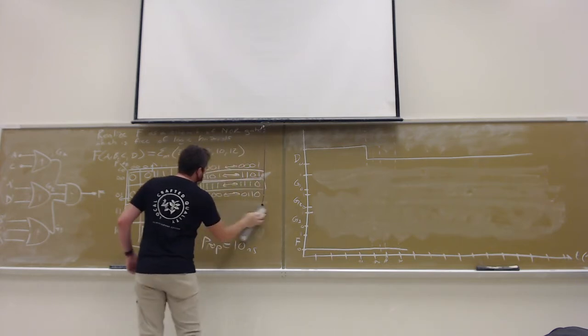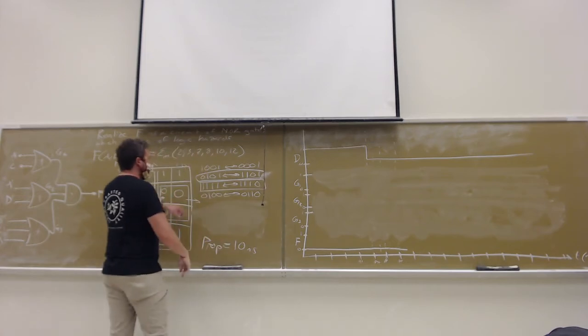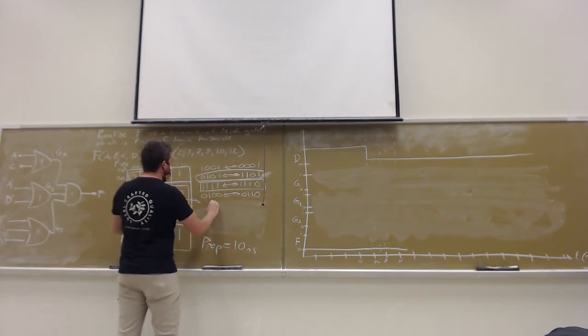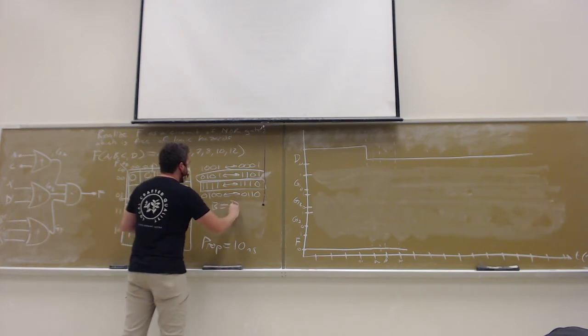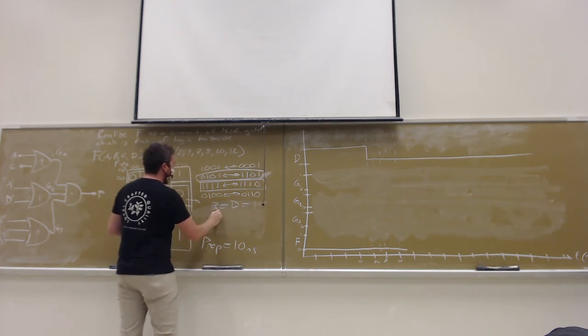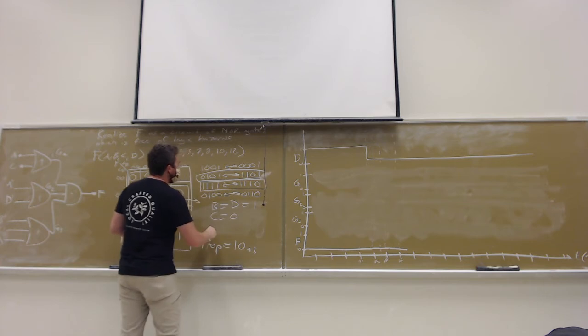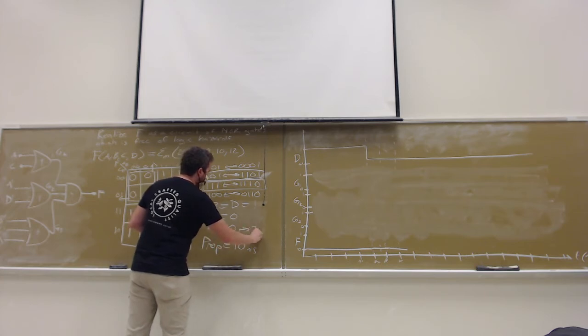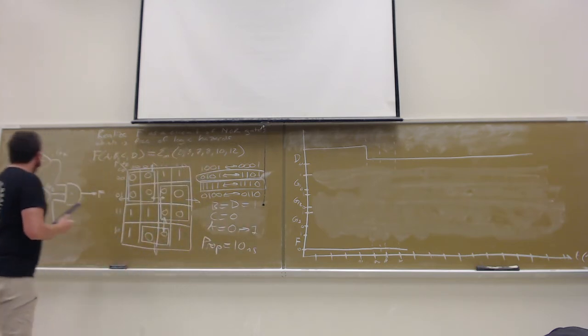So we're going to say what? B and D are equal to 1. C is equal to 0, and A is going to go from 0 to 1. All right, so let's set it up.